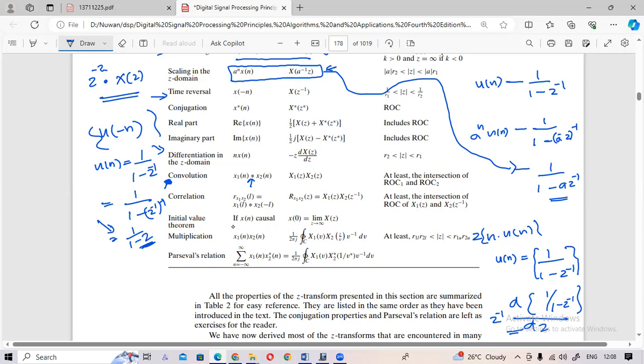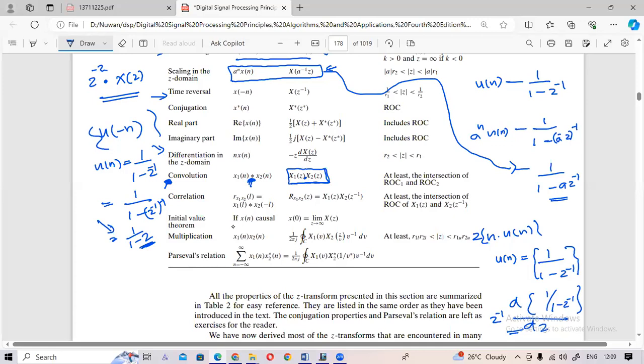If you convert the signals into the Z domain, the complex domain, the convolution disappears and becomes a simple multiplication. This transformation greatly simplifies the analysis of the LTI system. We have already discussed the importance of this property in our class.